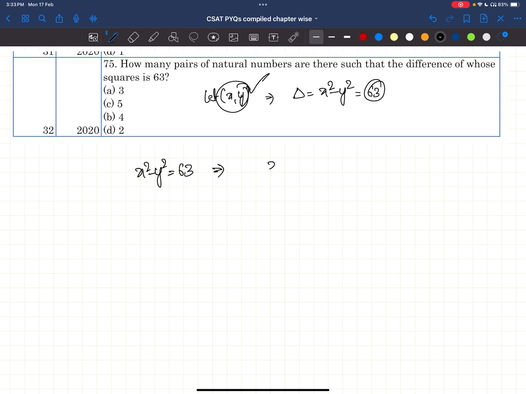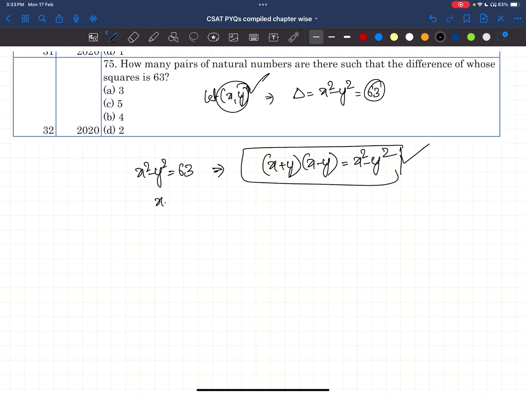There is a formula that x plus y into x minus y is equal to x square minus y square. We'll represent it as x plus y, x minus y is equal to 63.